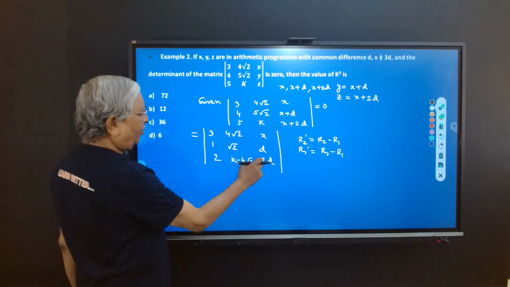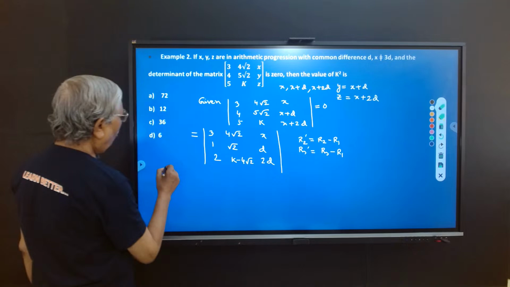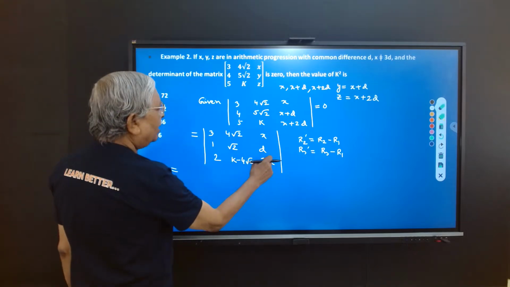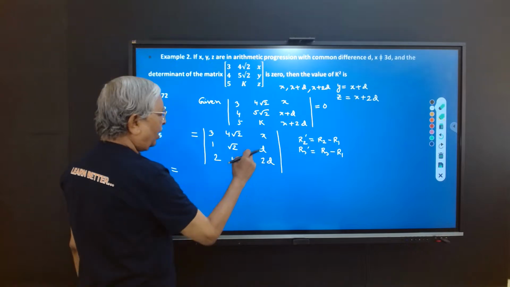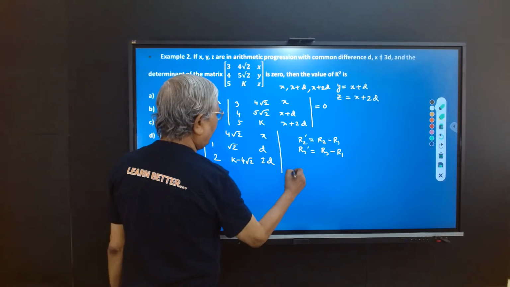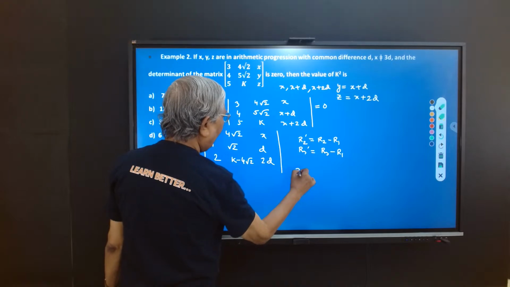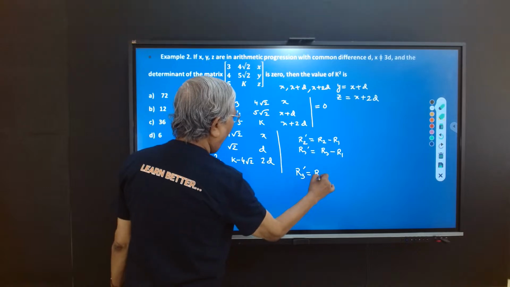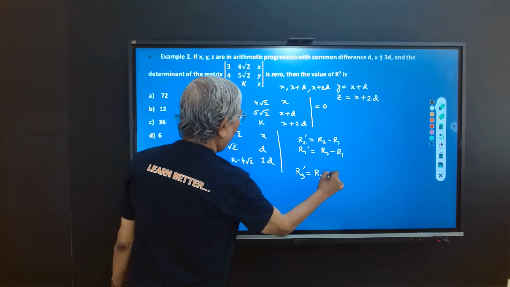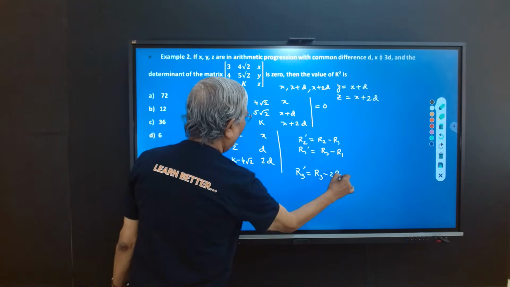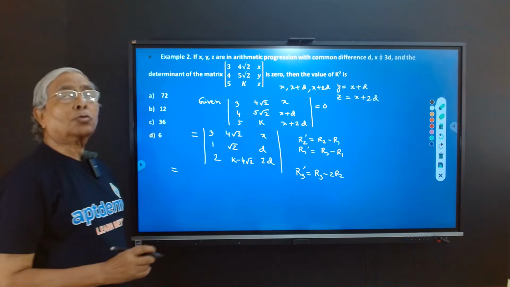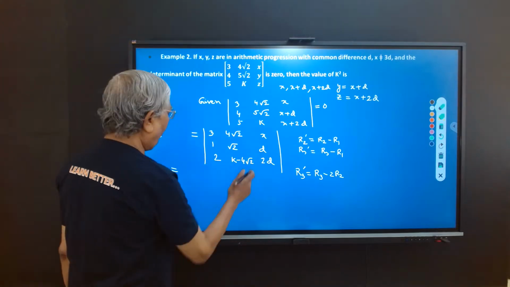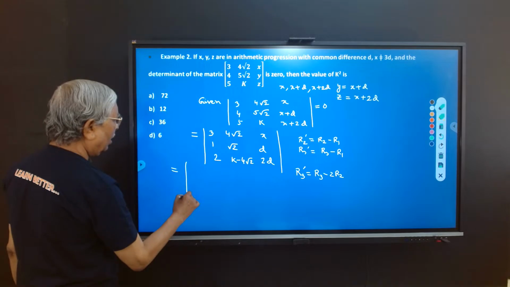Now, to make this element 0, what will be the operation? You multiply the second row by 2 and subtract from the third row. So R3 dash is R3 minus 2R2. Why apply this operation? So this element will be 0 and this element will be 0.